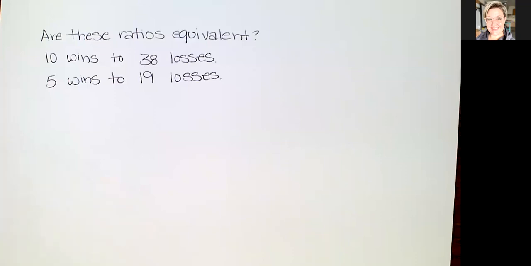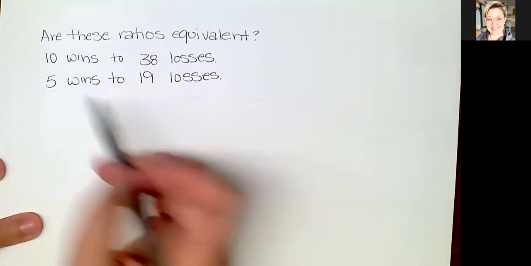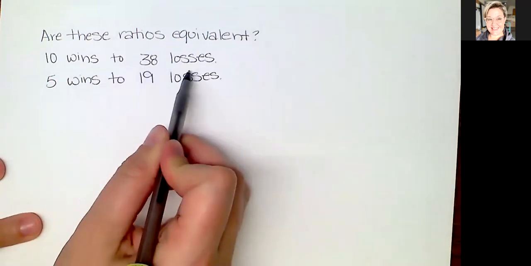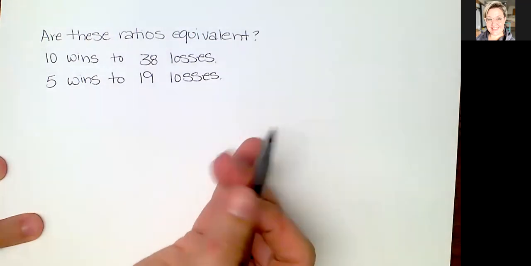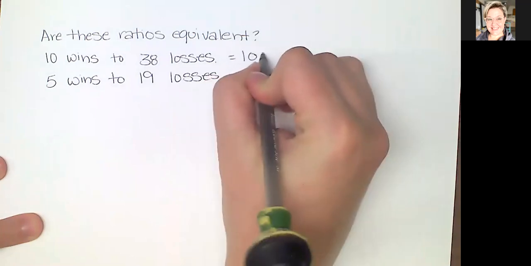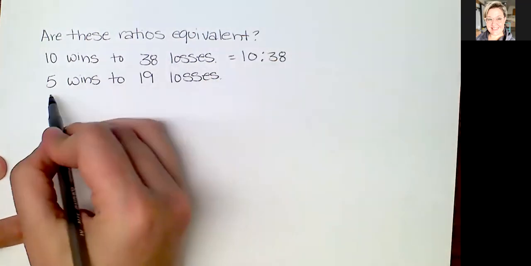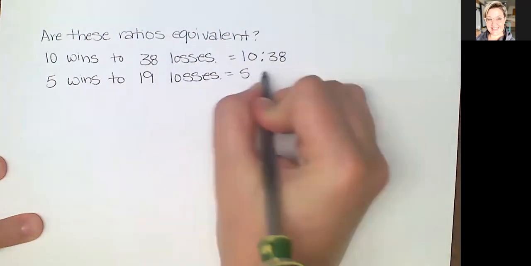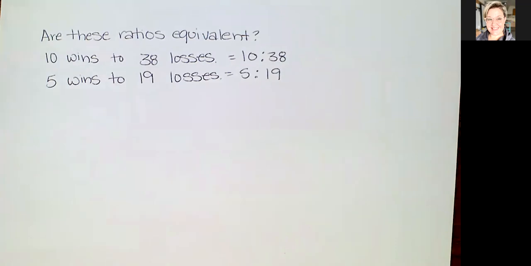Okay, here's another one. We're going to look at these two ratios and decide if they're equivalent. 10 wins to 38 losses and 5 wins to 19 losses. So first we're going to write those as ratios. The first one is 10 wins to 38 losses. And the second one is 5 wins to 19 losses. So the very first thing we're going to do is turn them into fractions.